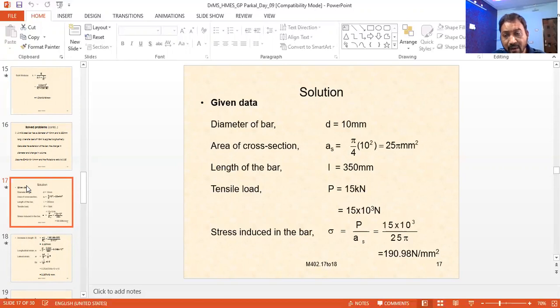It becomes 25 pi square millimeters. The length of the bar is given, L is equal to 350 millimeters. Tensile load P is given as 15 kN, so 15 into 1000 newtons. Here it is the axial force applied along the length.